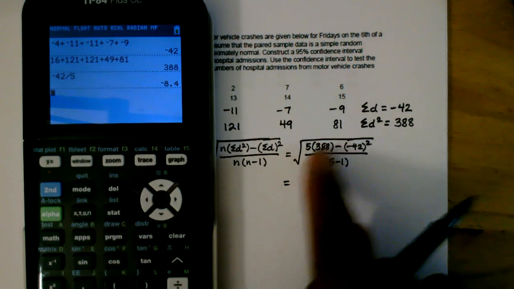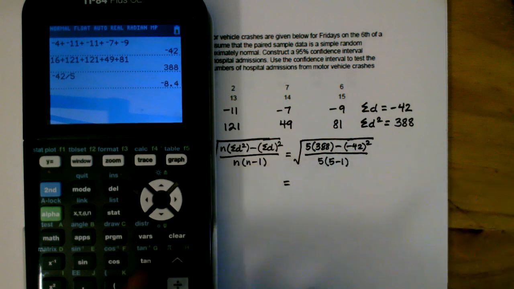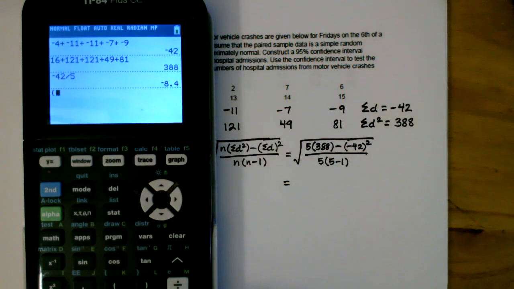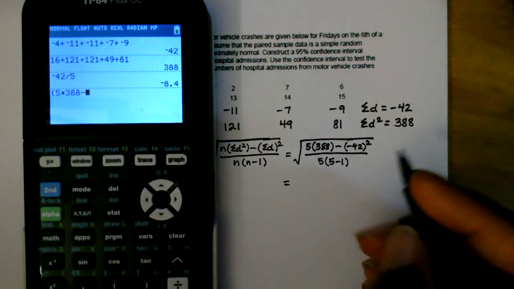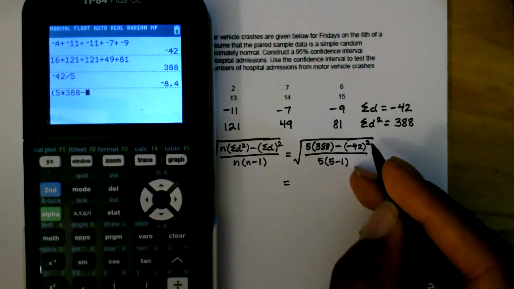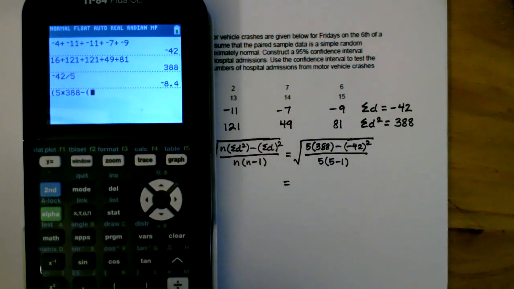I might need to do what's inside the radical first. I'm going to do left parentheses 5 times 388 minus, now negative 42 needs to be squared, so I need to put left parentheses and then negative 42 and then close it and then hit the x squared button to square it.